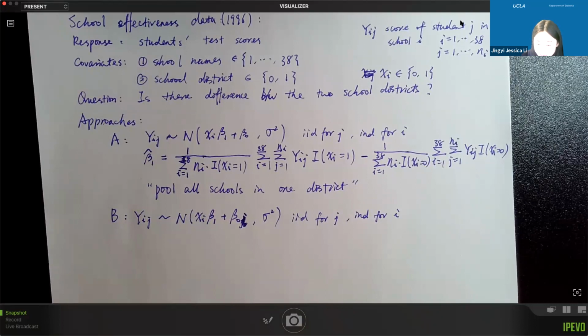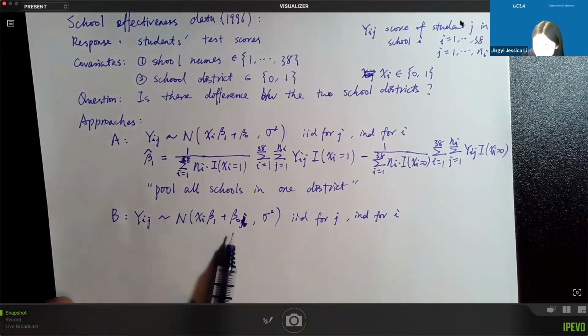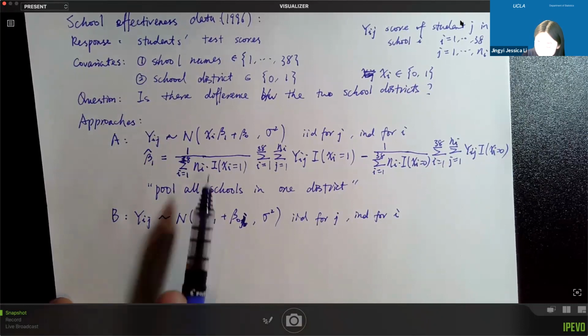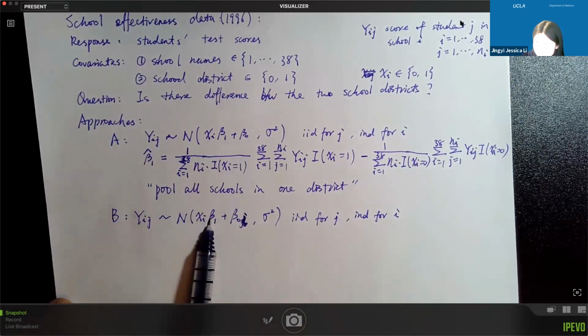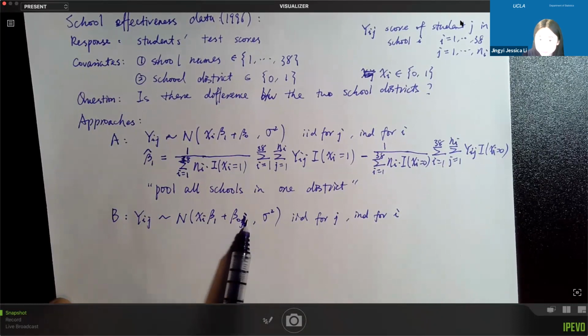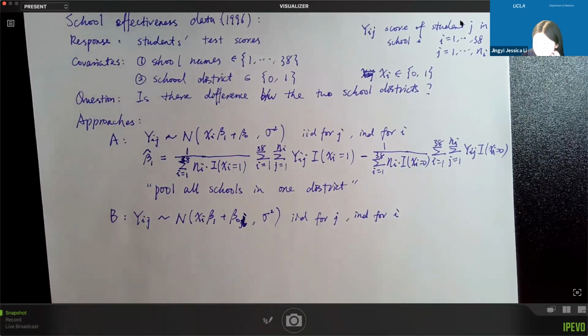So an immediate effect is that we are going to have a lot more parameters to estimate. Previously there were only 2 parameters, but now we have 1 parameter here and 37 parameters here, or we can think of it as 1 common intercept and 37 offsets, or 38 intercepts. Either way, we have 38 here.